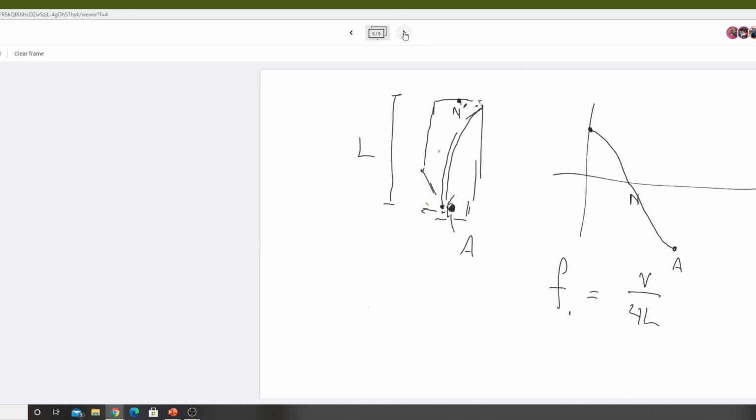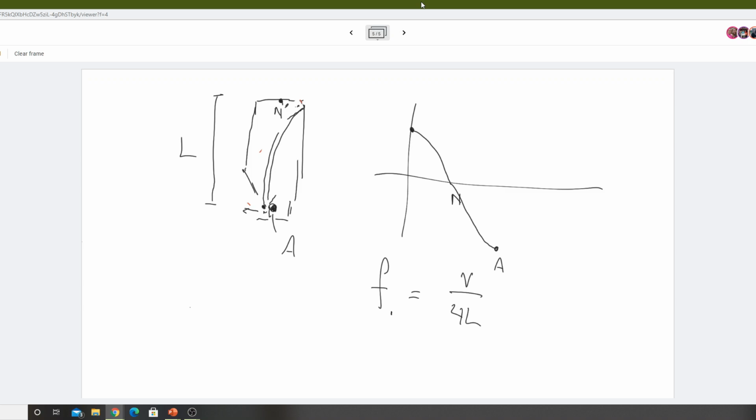I'm sorry, you should be here on this page. Right, so your fundamental frequency for a closed-end pipe is given as v by 4L, right? And only odd harmonics are present in your closed-end organ.